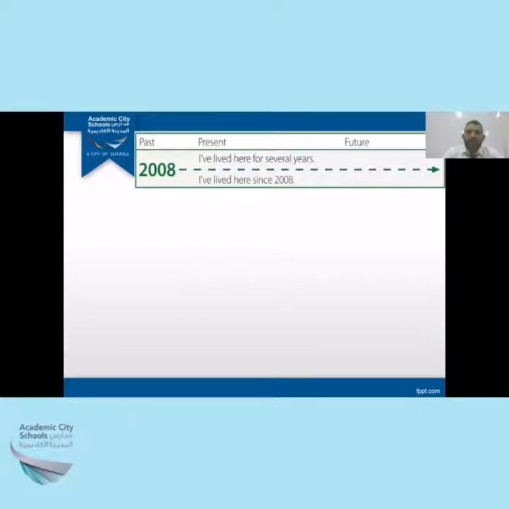Here we have a diagram about the past, present, and the future. As you see here, I've lived here for several years. I've lived here since 2008. Note that we use have or has plus the verb 3 with the present perfect.